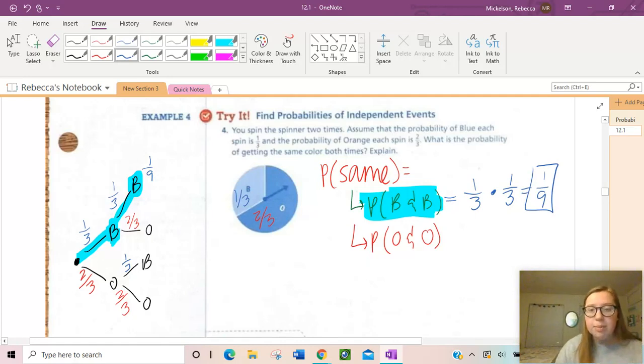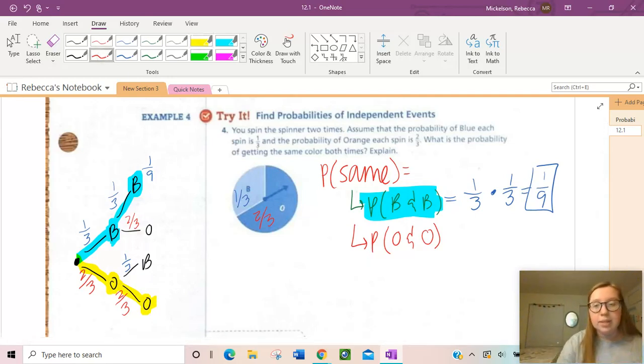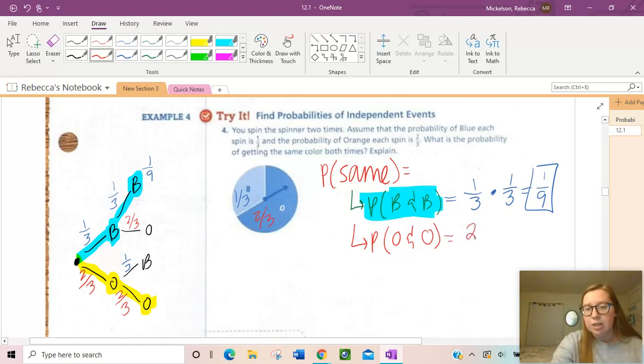Now let's find the probability of spinning an orange and an orange. So we would have to go down this pathway here, first orange, and then our second orange. This one's really similar, except our probabilities are different, but spinning O and O is the same thing as taking their probabilities and multiplying them together. 2/3 times 2/3 is 4/9.